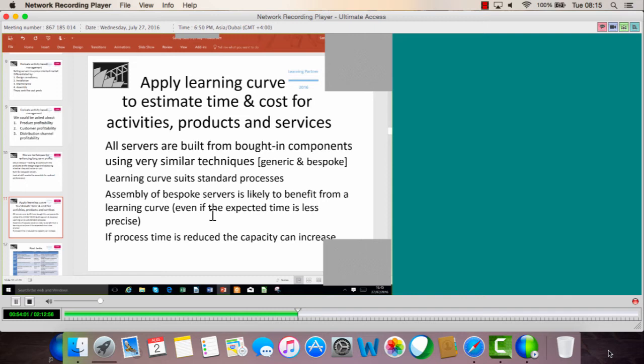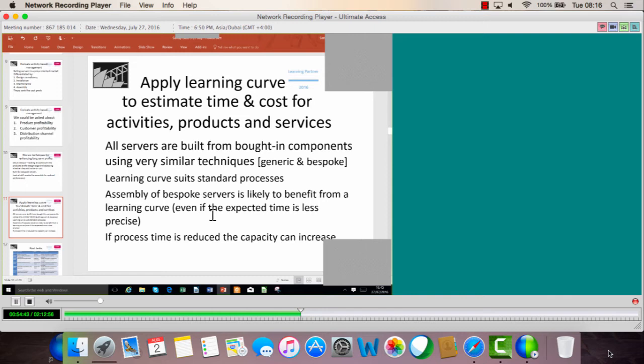Now, when we're looking at the bespoke servers, I tried to have a think about whether the learning curve would be applicable to that as well. My conclusion was that if we're dealing with a bespoke server and we've got a member of staff who's been working on bespoke servers for the last couple of years, that member of staff is likely to be more proficient and quicker, and therefore able to produce more than a new member of staff just joining us without the same level of experience.